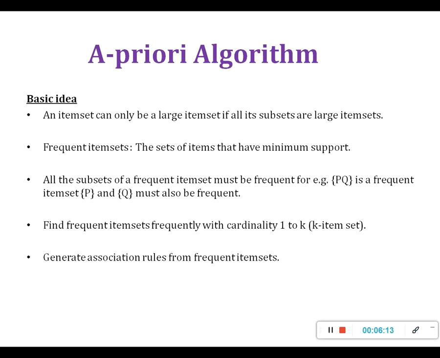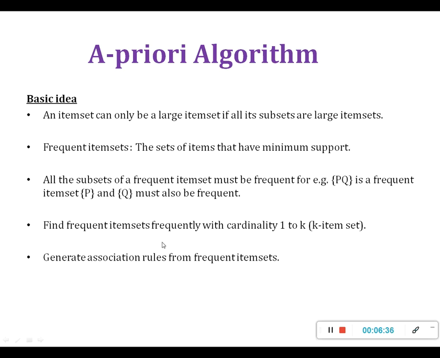Then if I am saying that PQ is frequent, then it should satisfy the condition that the item set P and the item set Q separately should be frequent. This single P and single Q are nothing but the subsets of PQ. So they should be frequent, and then we can say that PQ is frequent.